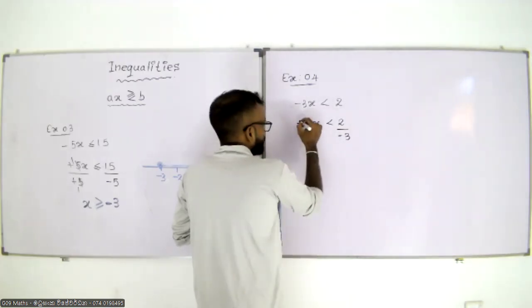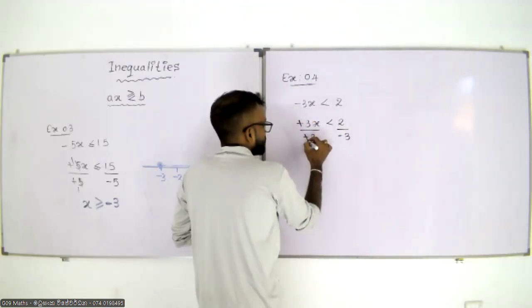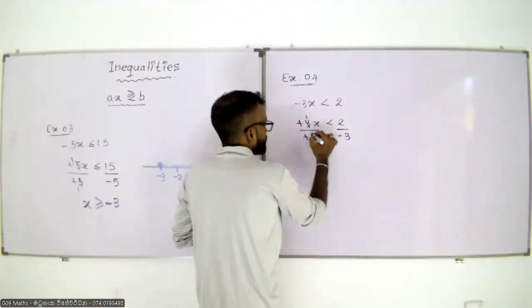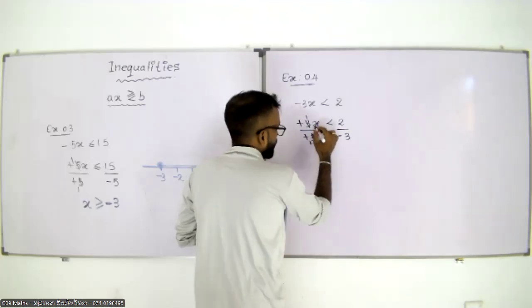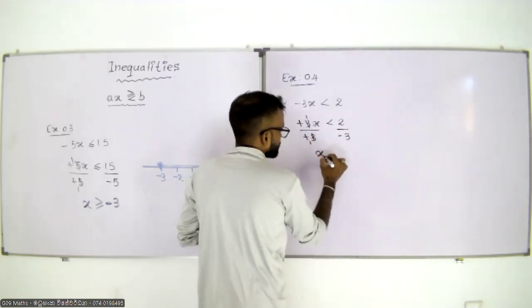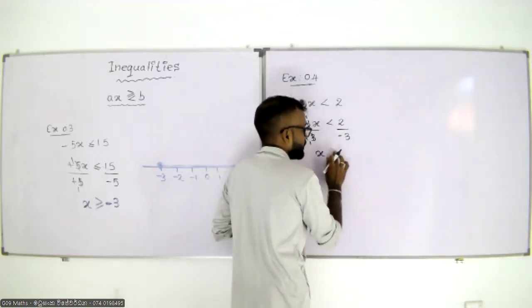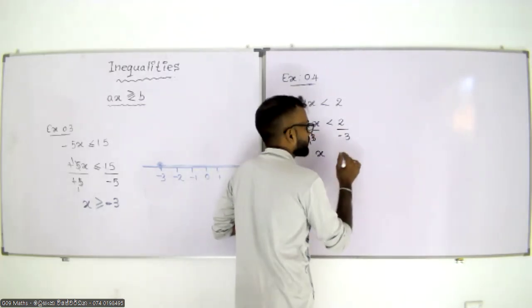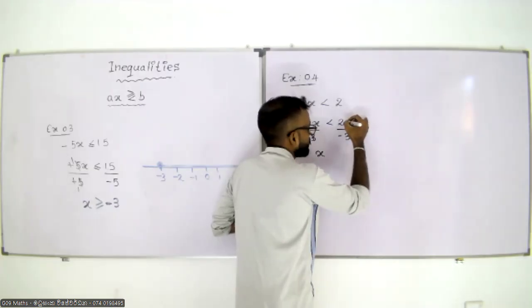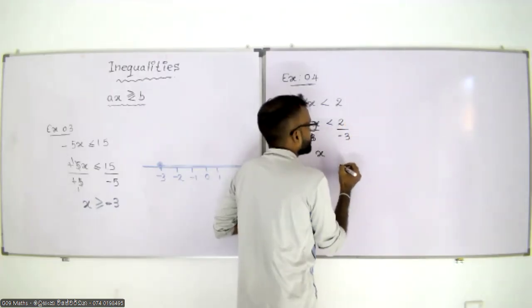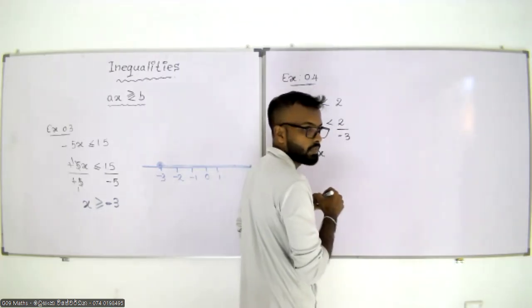Negative divided by negative, positive. 3 times 1, 3 times 1. Now you have on this left hand side x. And I'm not going to write down the inequality mark right now. So this is positive 2 divided by -3.